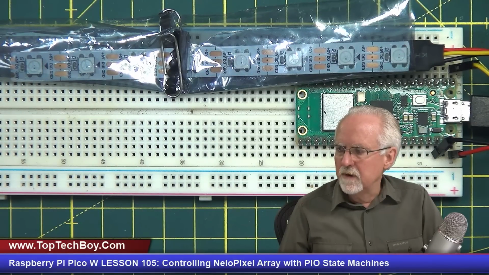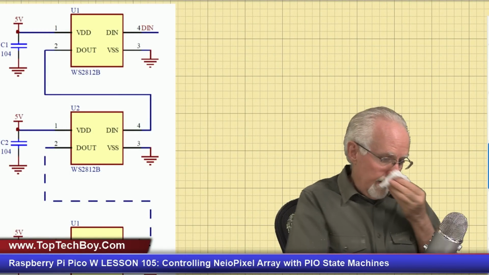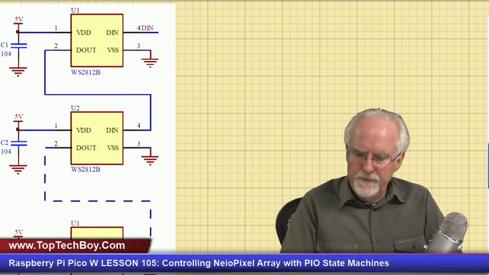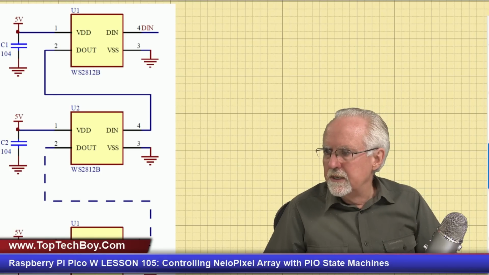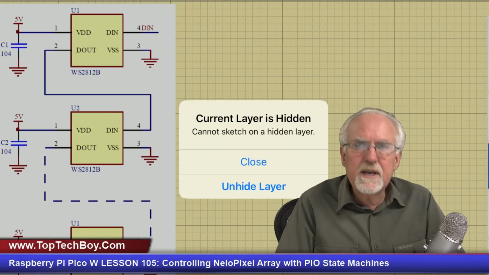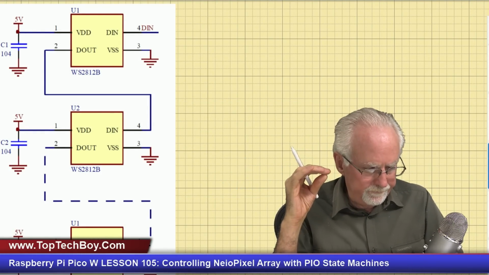Well, let's jump over here, and what we're going to do is make it sophisticated enough that you can understand it, but not so complicated that you don't understand it.